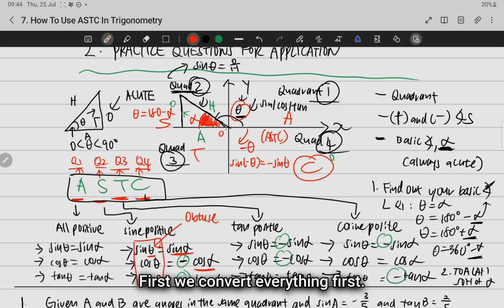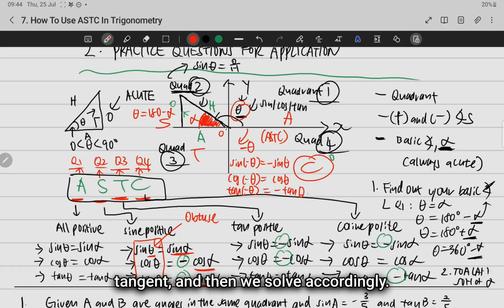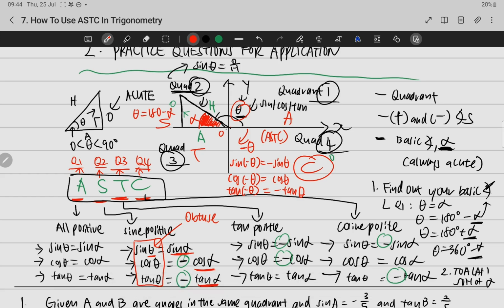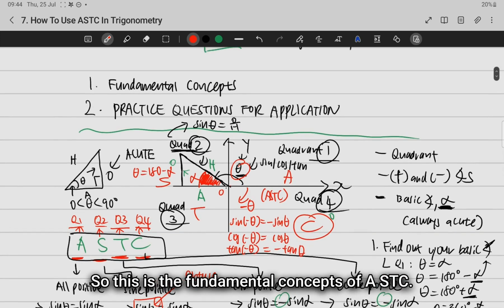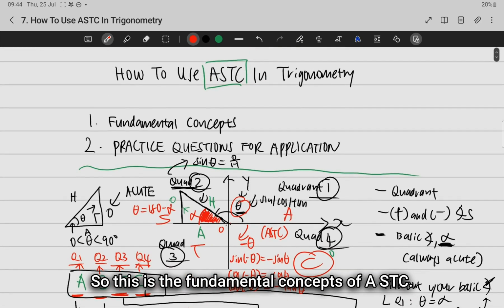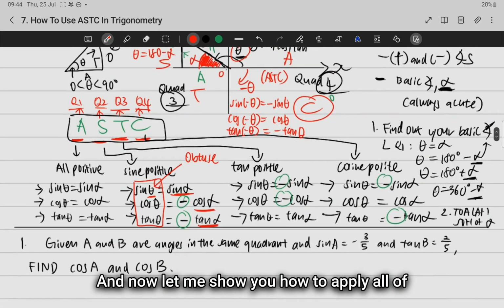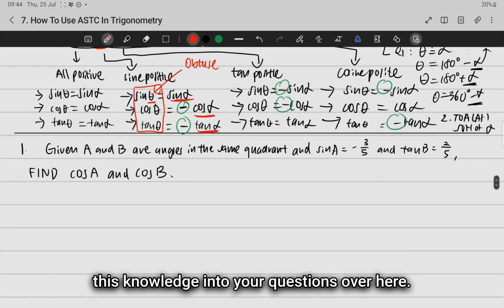First, we convert everything first. Next, cosine negative angle equals cosine theta. And then the last one will be tangent negative angle equals negative tangent theta. And then we solve accordingly, just like that. So this is the fundamental concepts of ASTC. And now let me show you how to apply all of this knowledge into your questions over here.